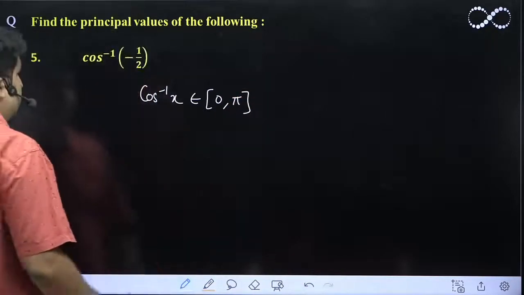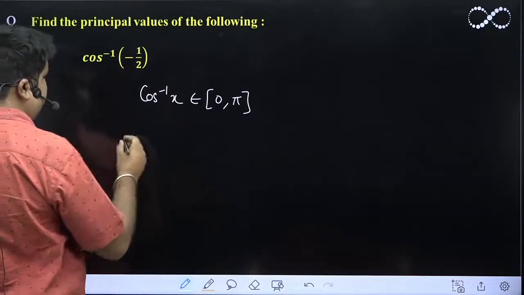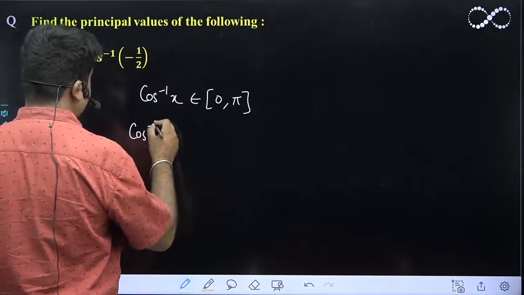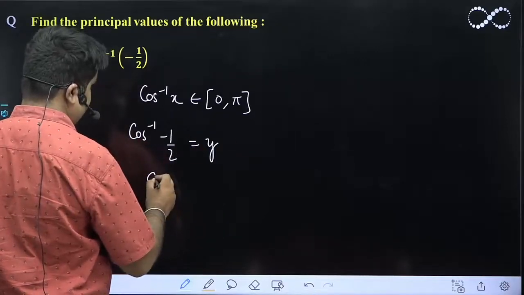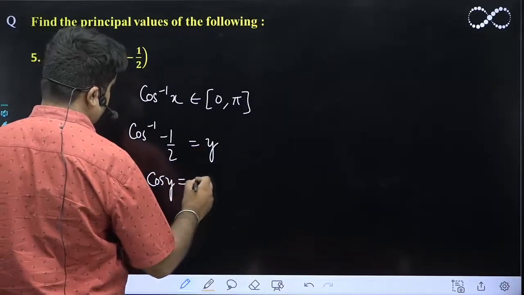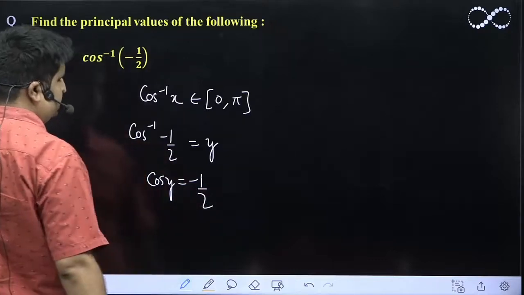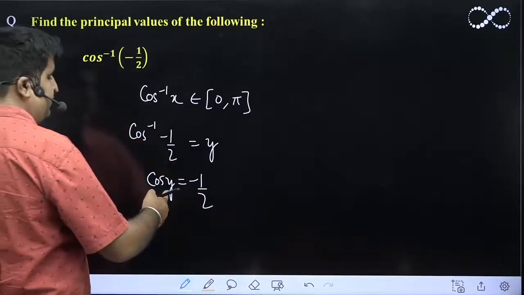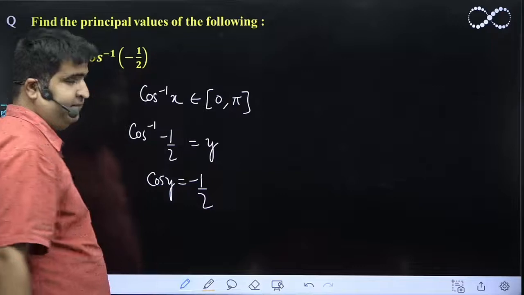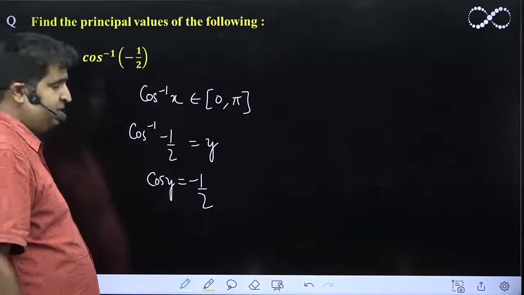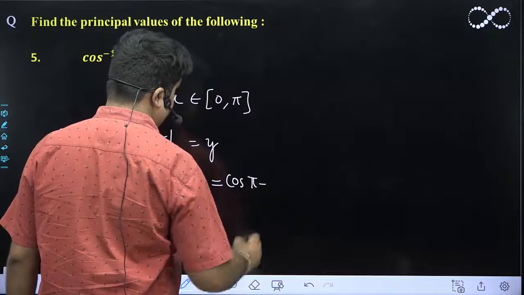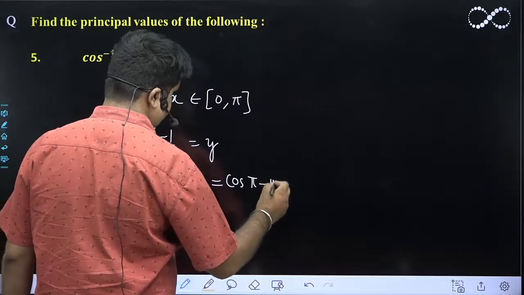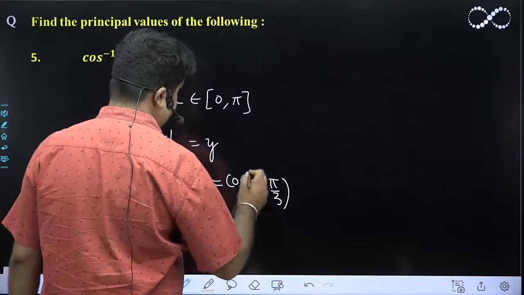Right? Now this is cos inverse minus half. So if cos inverse minus half is equal to y, then cos y is equal to minus half. So for what value between 0 to pi can we get minus half? So this will be cos of pi minus pi by 3.